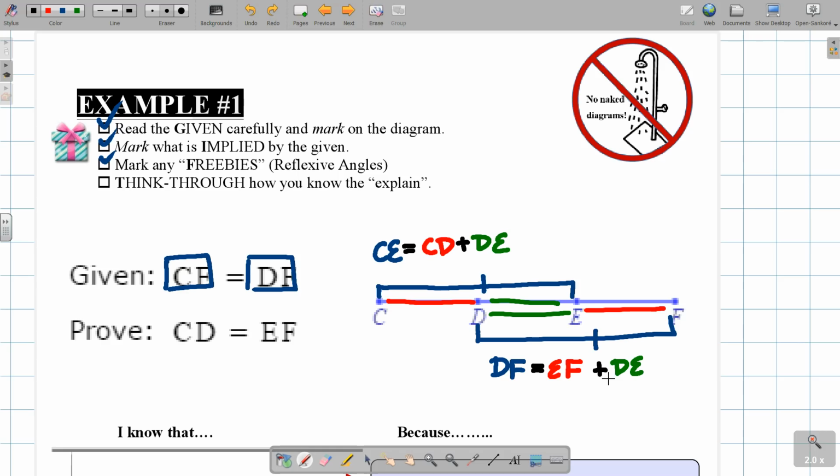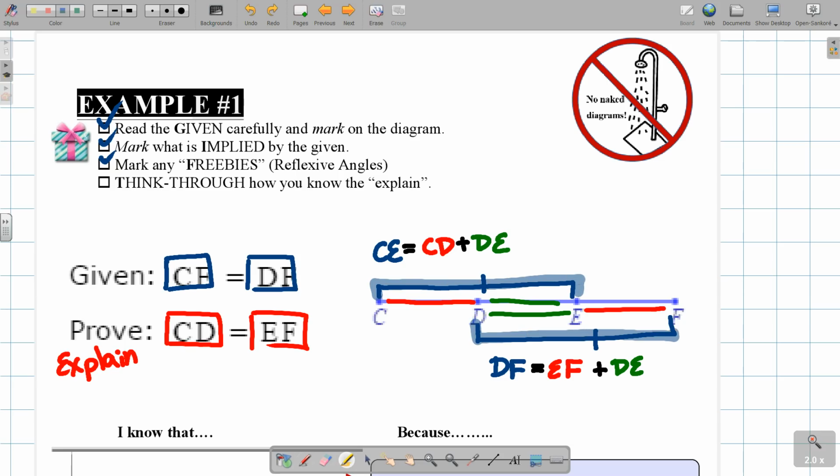That's implied. So have yourself a little talk through. This is what we're trying to prove. And remember, prove just means explain. This is where colors come in handy. If we know for a fact that the blues are equal, how do we know that the reds are equal?